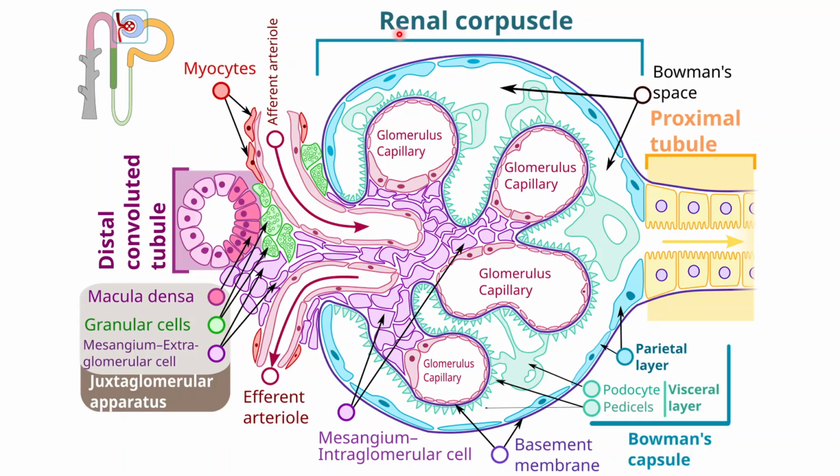Essentially, the renal corpuscle is where blood is filtered, and the juxtaglomerular apparatus is where blood pressure and filtration are regulated. The renal corpuscle has two parts. It has the glomerulus, and it has the Bowman's capsule, which is around it. And that's the initial filtering unit of the nephron.